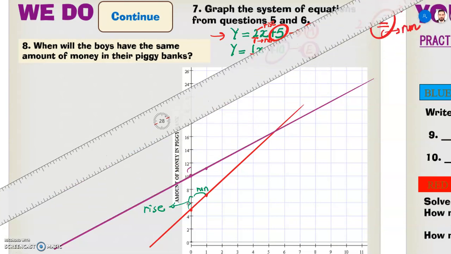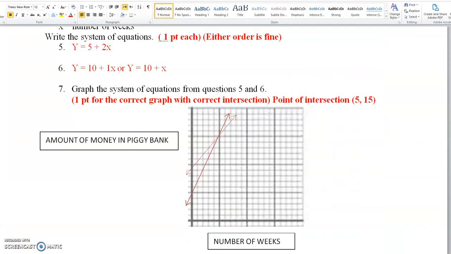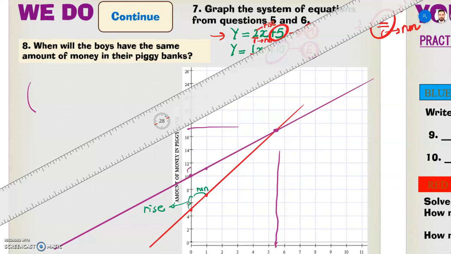Then let's see where the 2 lines meet together. The 2 lines meet at how many x and how many y? They meet here at the point with x equal to 5 and y equal to 15.